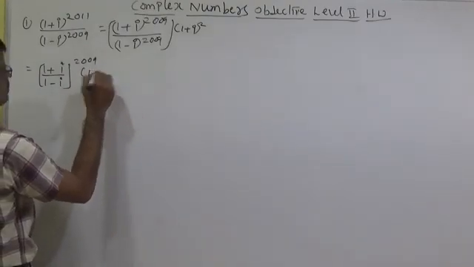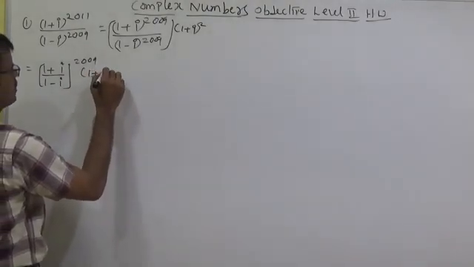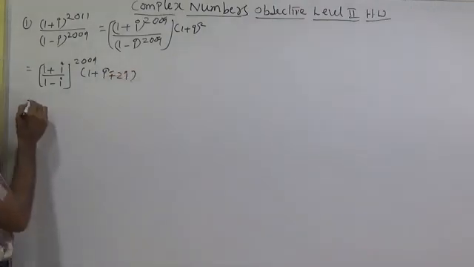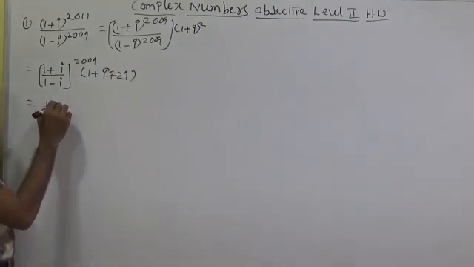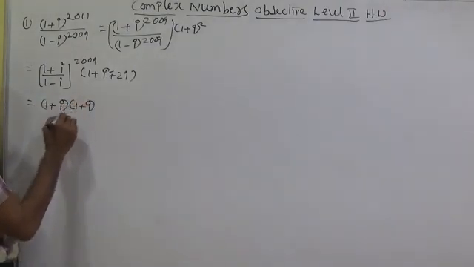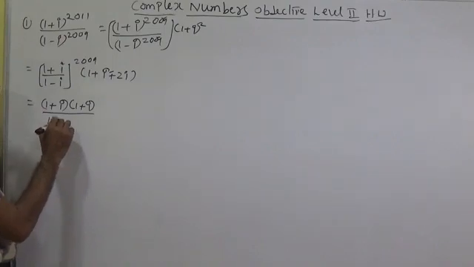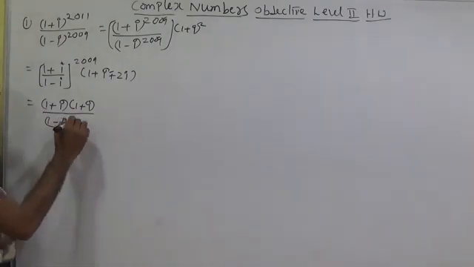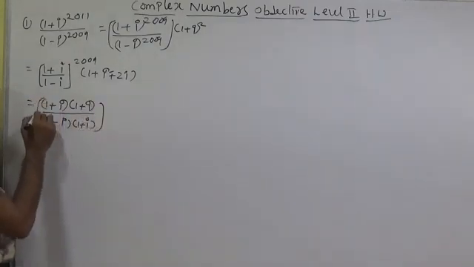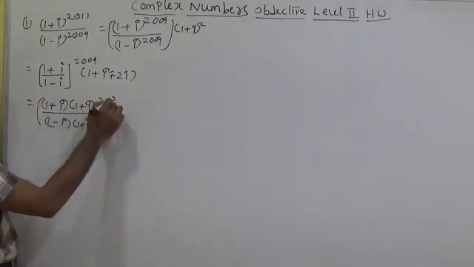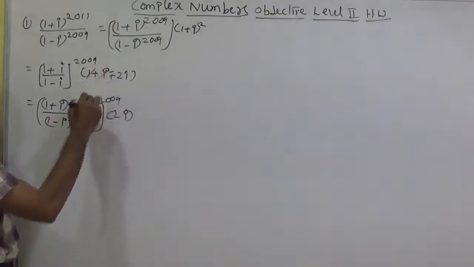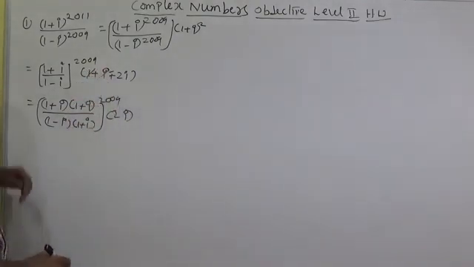into (1 + i)^2, which is 1 + i^2 + 2i. Rationalize here: (1 + i)(1 + i) / (1 - i)(1 + i), whole power 2009, into 2i, because 1 + i^2 gets cancelled.